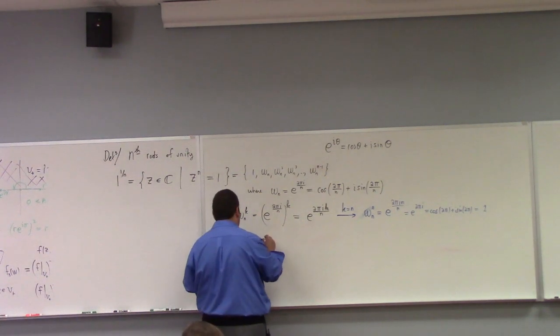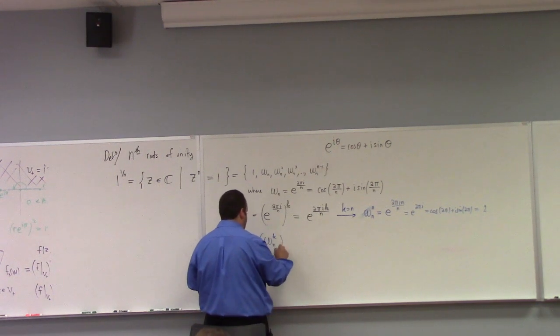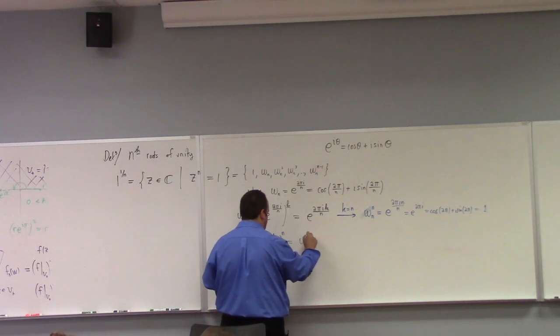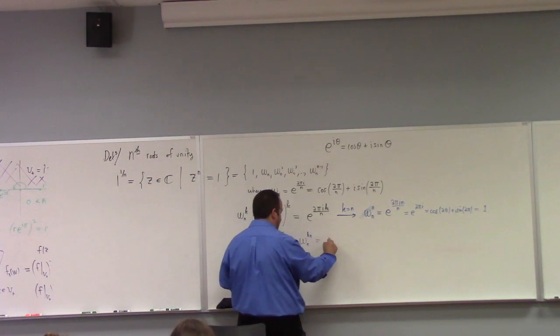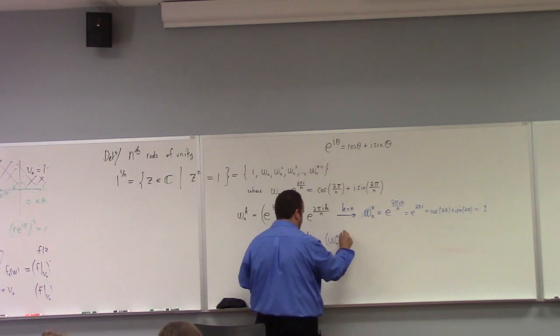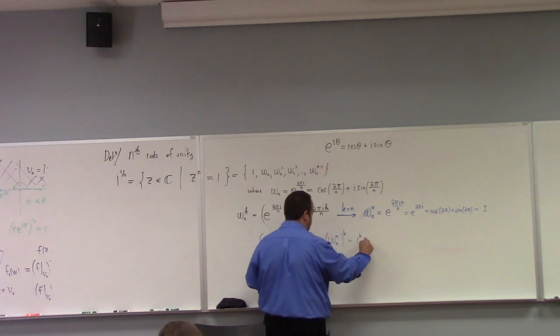And a very similar calculation, if we do omega sub n to the kth power and raise that to the nth power, what does that give us? Well, that gives us omega sub n to the kn, but we can just as well write that as omega sub n to the n, to the k, which is 1 to the k, which is still 1.